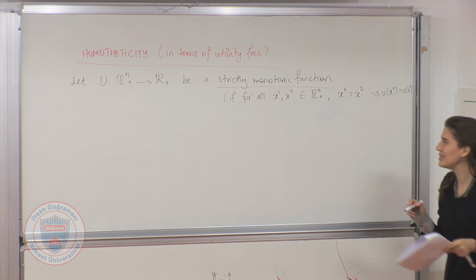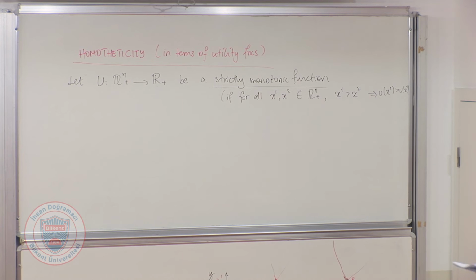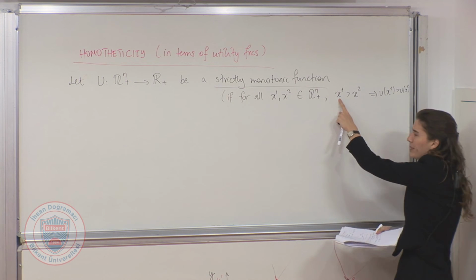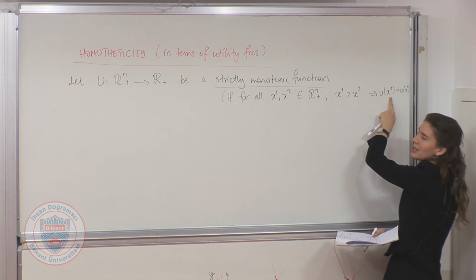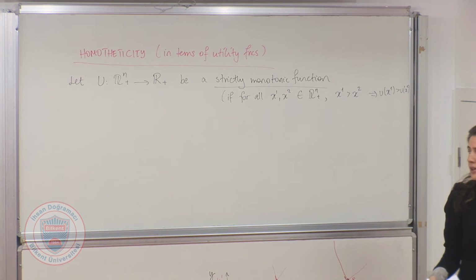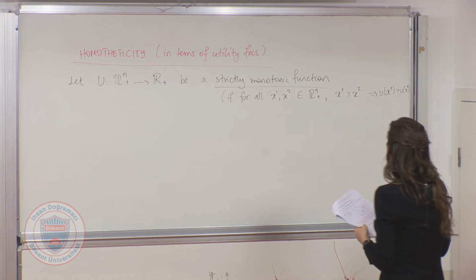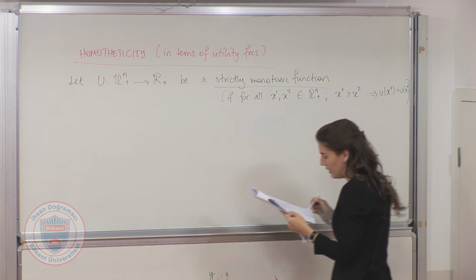So this is strictly monotonic. If this is a higher number, it's going to assign a higher utility. This is how they define it.